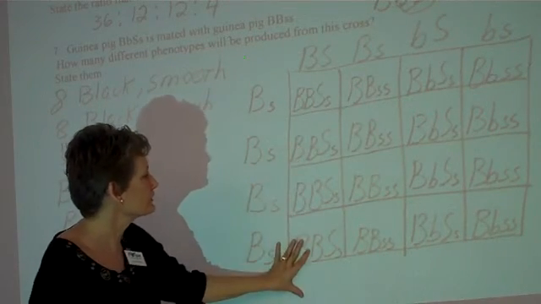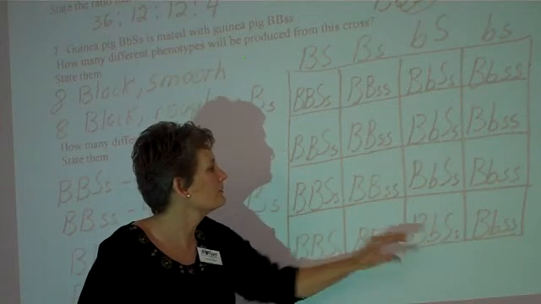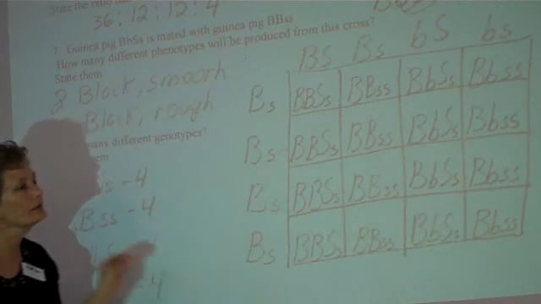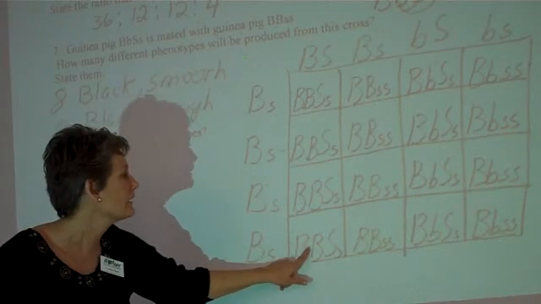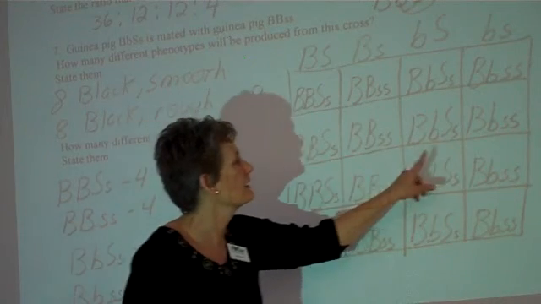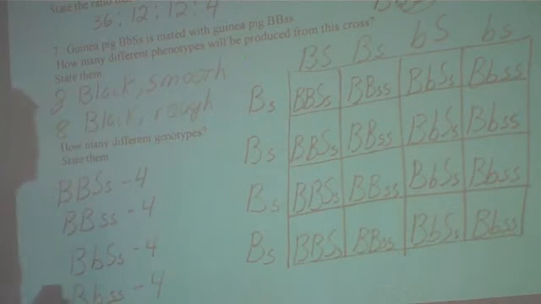So if you look closely at those, it becomes pretty obvious that absolutely none of them are going to be white. And we have no homozygous recessive. Every single one of these has a big B in it. Okay? Our genotypes would be listed. There would be 4 different genotypes. Each of them would be represented 4 times.